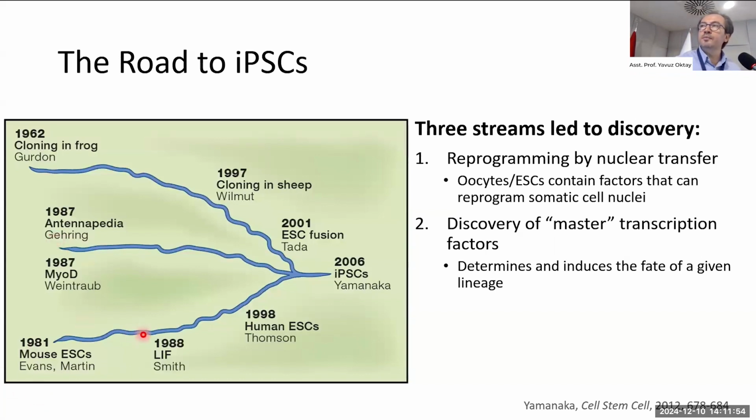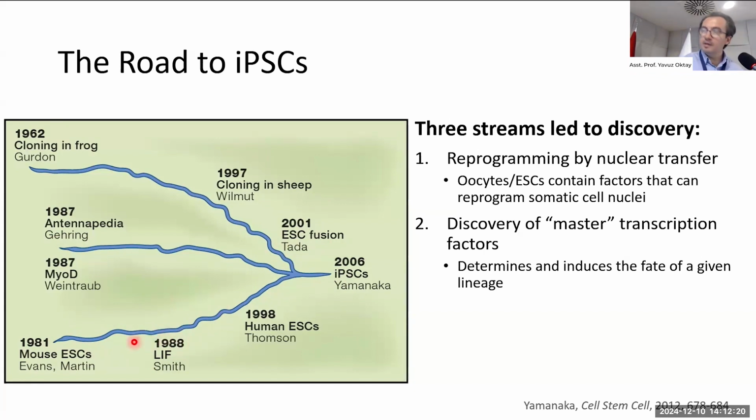And obviously, practically, to be able to culture these cells, Yamanaka also benefited from studies that were done in mouse embryonic stem cells, which defined the factors that create the optimal media for culturing stem cells.